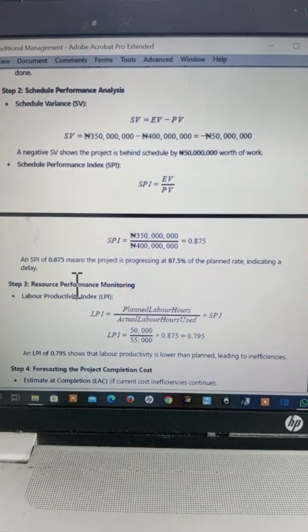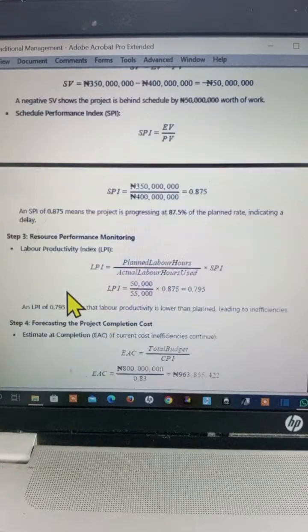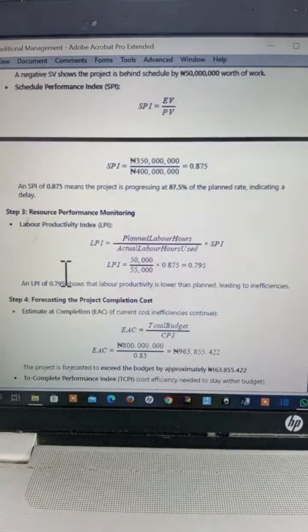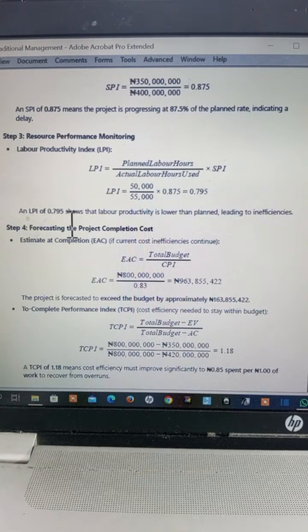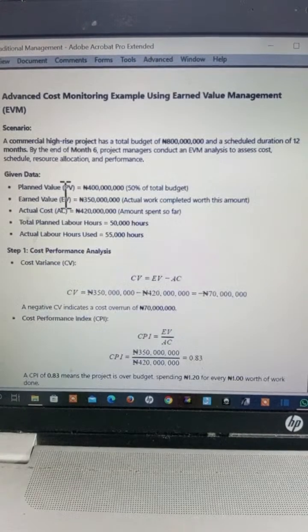Step 3 is for us to look at resource performance. So remember that we had planned hours for this project. Remember we had planned hours and it was given to us. If you want me to refresh your mind, I'll take you back to the beginning. But before then, let's get back to the start so that you can get this. We had our planned hours.